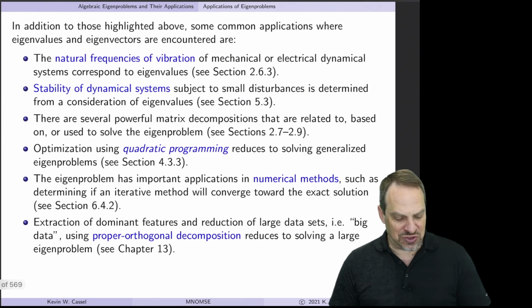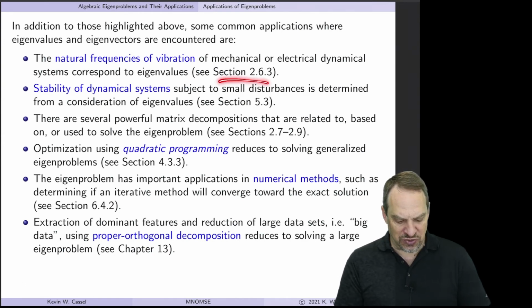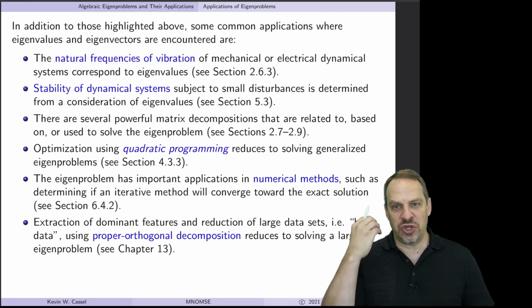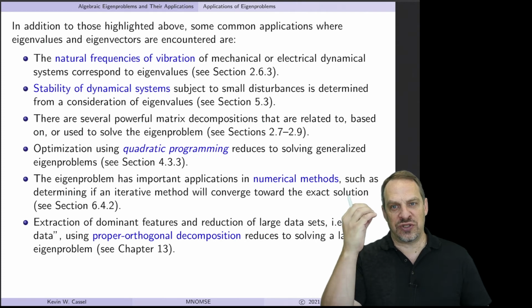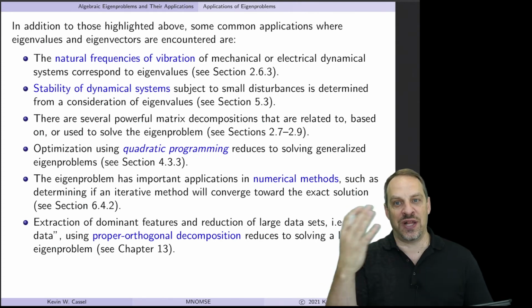So let me just mention some additional applications, some of which we'll see in more depth. You can see the references to later sections when we'll discuss these. So every system has natural frequencies of vibration. This is the proverbial opera singer singing at just the right tone that corresponds to the natural frequency of the glass, and the glass breaks.